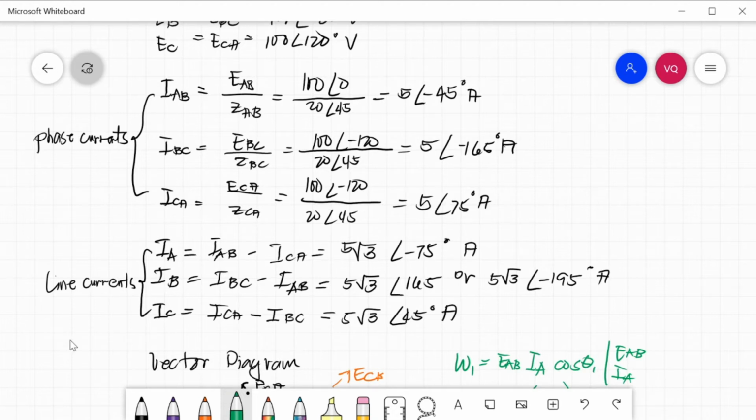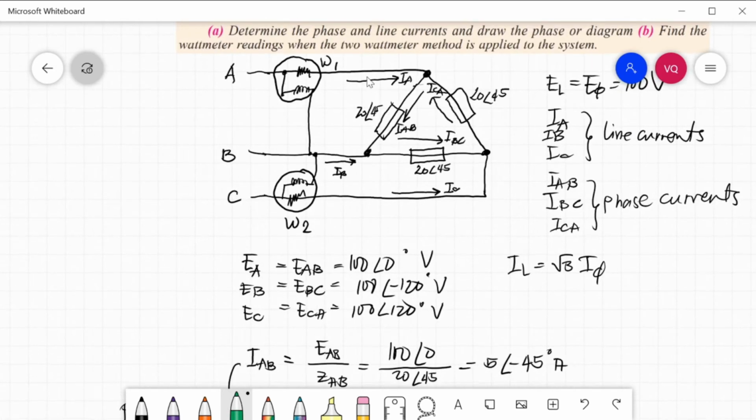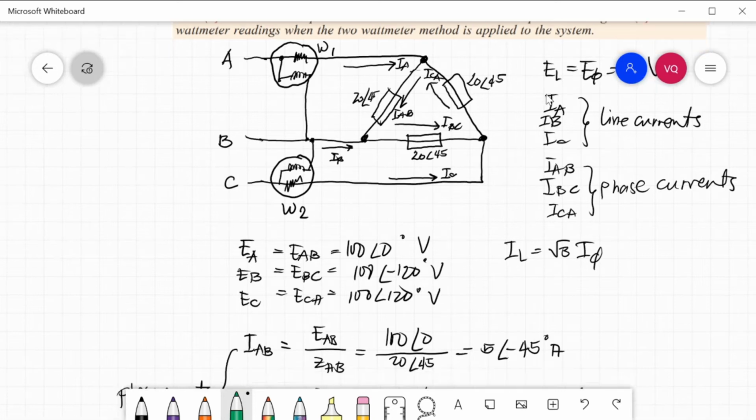For the line currents, we can solve from KCL, or Kirchhoff's current law. We will have KCL at these nodes. So IA will be equal to IAB minus ICA. And IB is equal to IBC minus IAB. And IC is equal to ICA minus IBC.